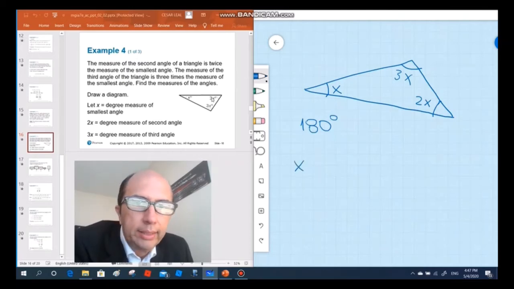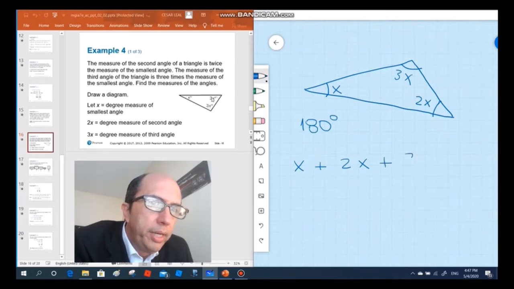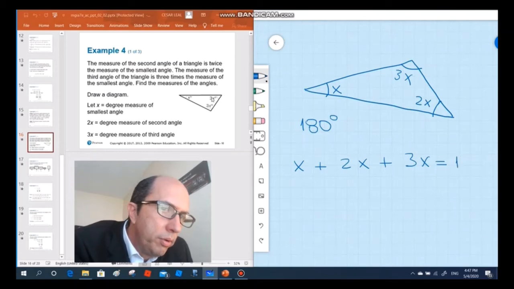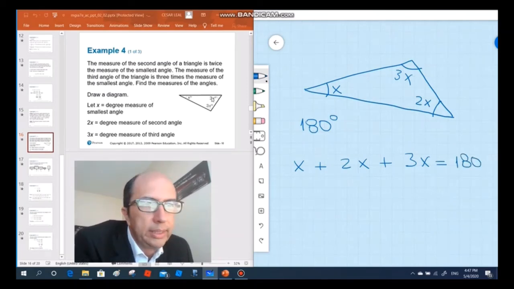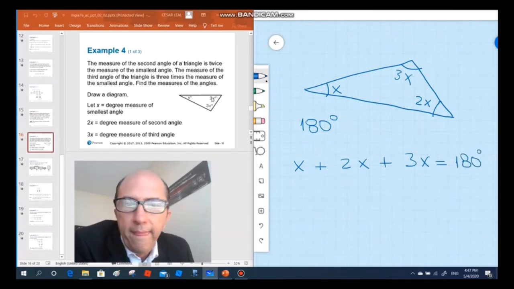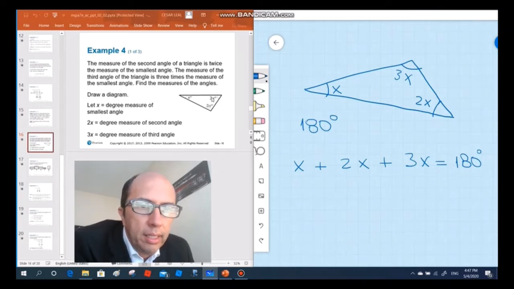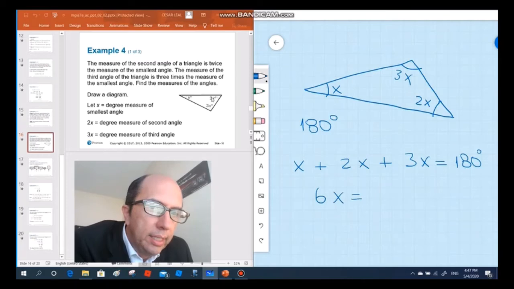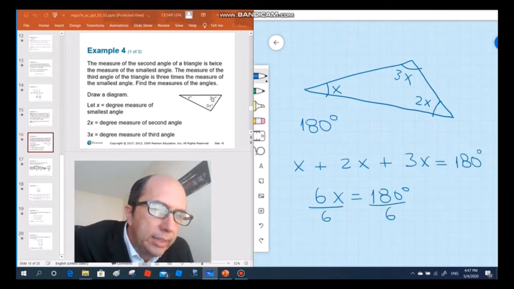So you have x plus 2x plus 3x, and this is going to be equal to 180 degrees. That means x plus 2x plus 3x, 6x, equals 180 degrees. Multiplication property, divide everything by 6.